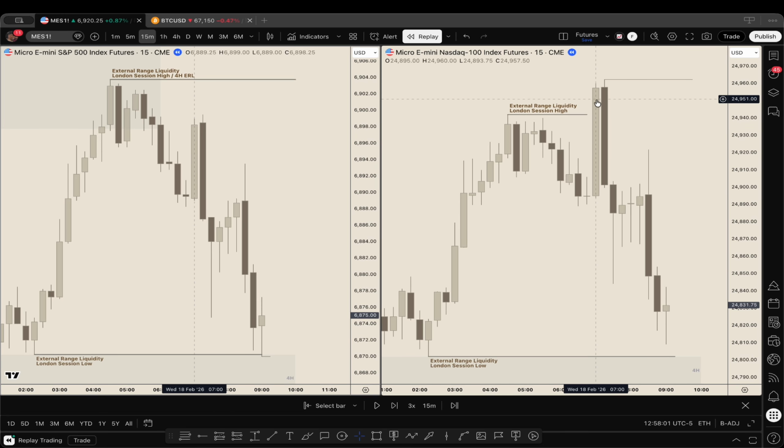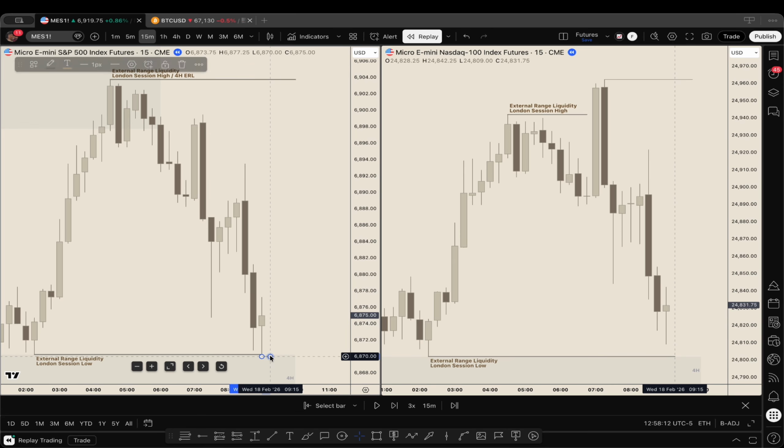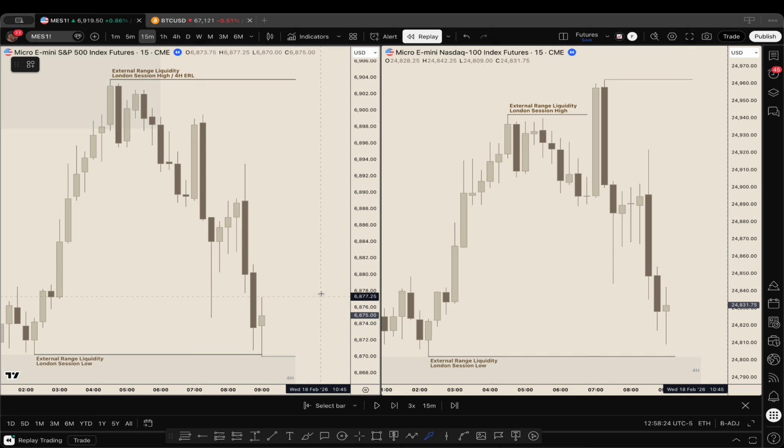Because this level was already taken out on NASDAQ, all I did was draw a new line to represent the pre-market high. Same thing on S&P, this was the pre-market low, because my London session low was already taken out. So what I'm looking for is for 9:30 to happen, and that is right here. We'll go forward in time to see what happens.